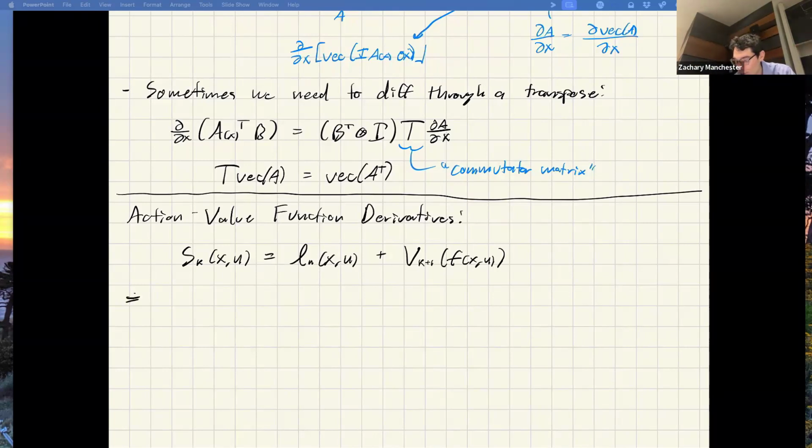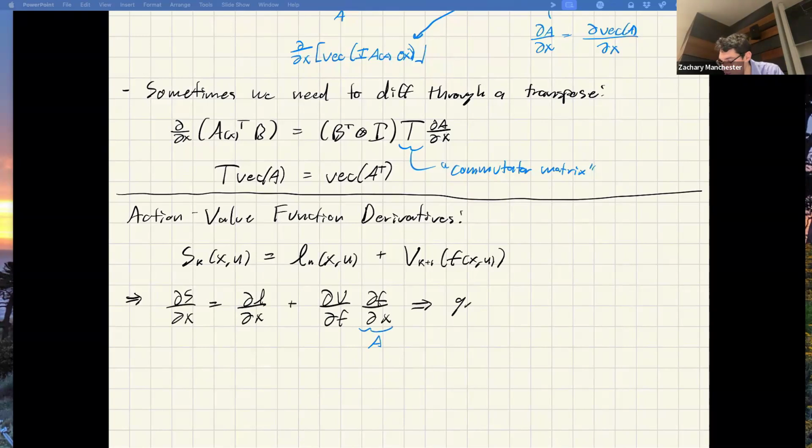Okay, first derivatives we know how to do. That's easy. So we've got dS dx is just partial L partial x plus, I'm going to write it as, dV df times df dx. And as we all know, df dx is just our A matrix, and then that's grad V, right? This tells me what little g is.